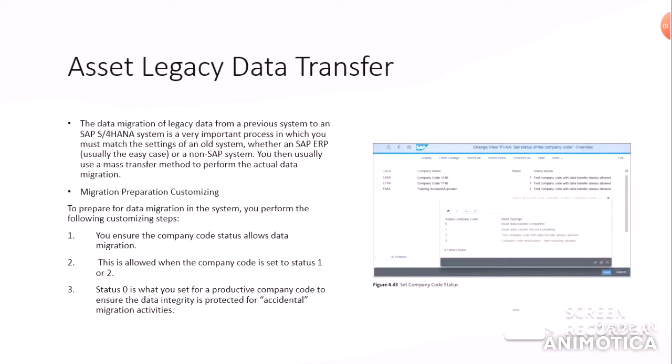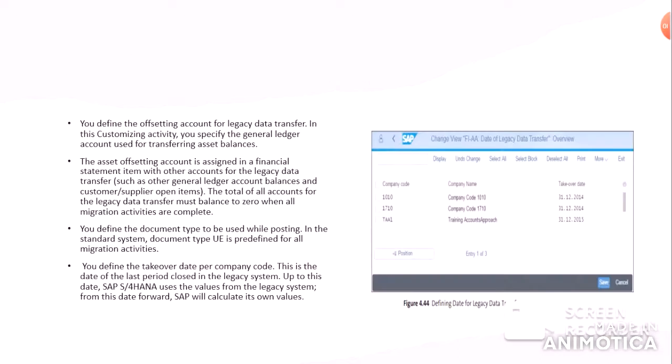If the status is 0, what you set for productive company code ensures the data integrity is protected from accidental migration activities. So we want to make sure the company code status is 1 or 2.